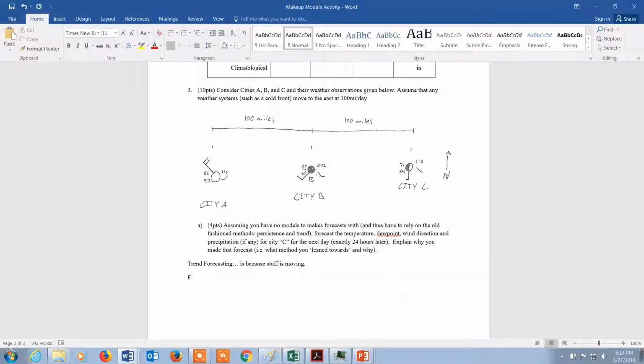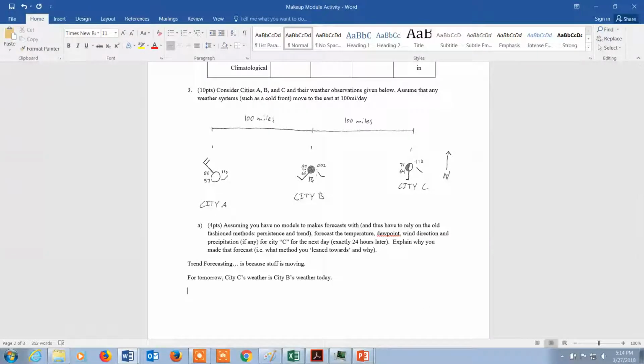So for tomorrow, City C's weather is City B's weather today. Here's what that means. All the weather conditions at city B are going to move over to city C. They move 100 miles a day. City C is 100 miles to the east. So everything at city B has moved to city C.